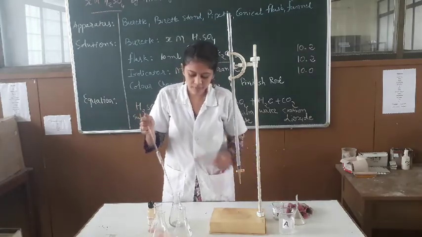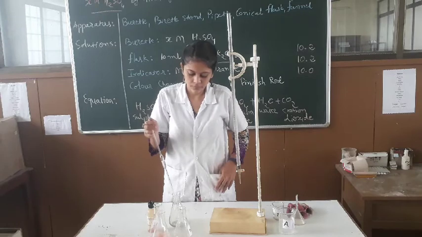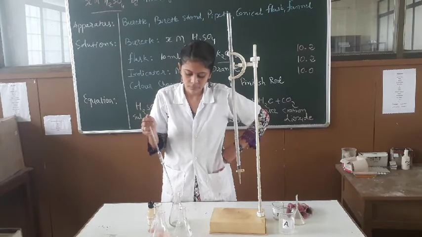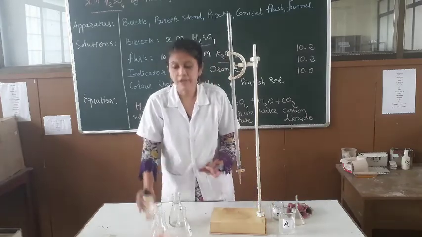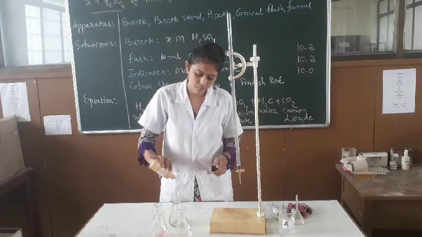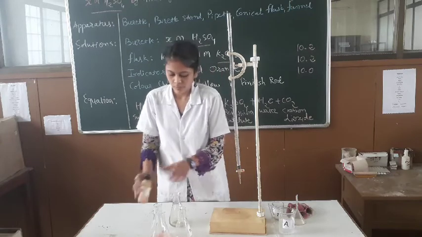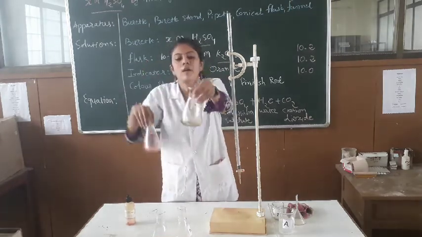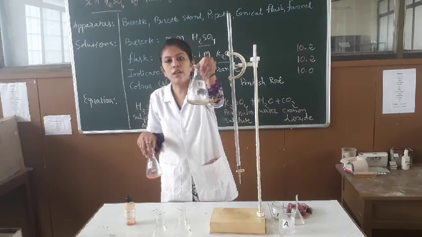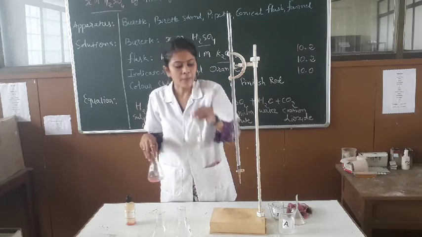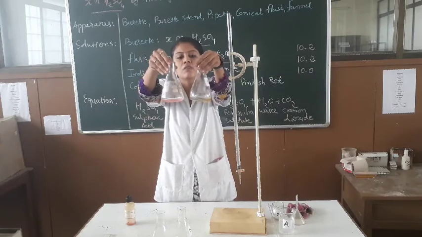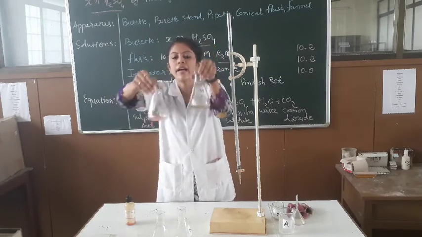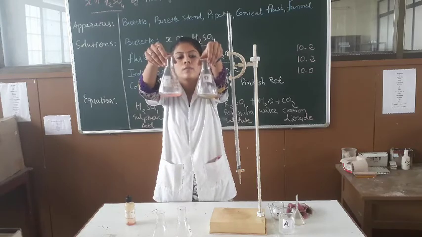Pour into conical flask. We have to add methyl orange 2 drops. You can see here the difference. After methyl orange, we have orange-yellow color, but after titration, we got pinkish red. So you can see here the difference between this color. This is yellow color and this is pinkish red.